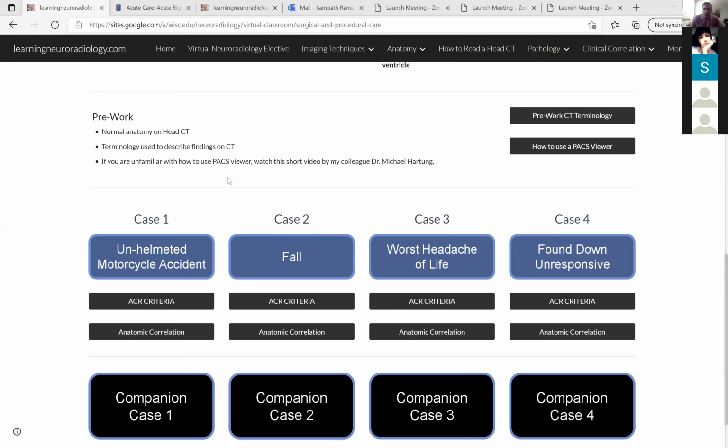You cannot wait on this patient, or even the patient with that subarachnoid hemorrhage. Anything with a hemorrhage or a bleed needs to be taken care of right away. Or a patient who has a stroke: even if you don't see anything on a CT of the head, if you have very dense symptoms of stroke, you need to take care of the patient immediately.